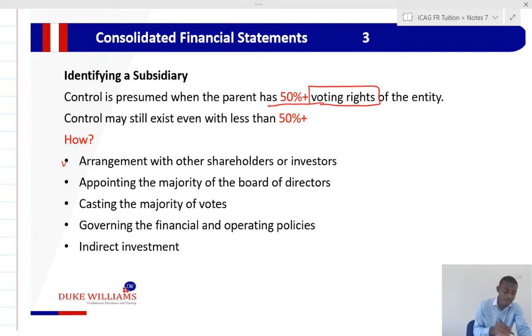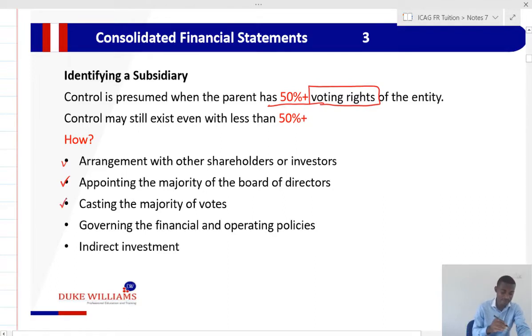So where entity B has the ability to appoint the majority of the board of directors, even if they have less than 50%, we say there's still control. And once there is control, there is a subsidiary and a parent relationship.